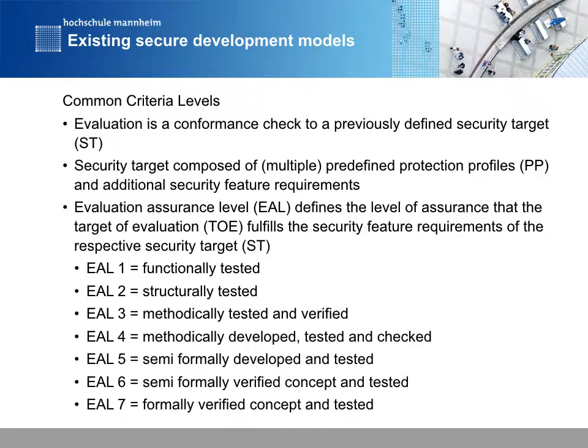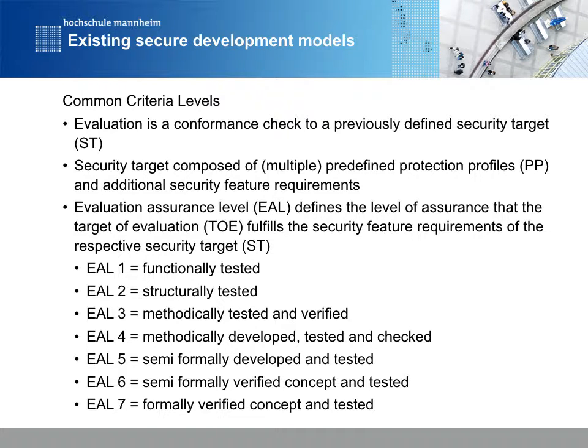There are different evaluation levels. You formally work with security targets, these are the security goals you want to achieve. The target of evaluation is your software. So you can actually restrict the software to a certain feature set that needs to have some security functionalities.